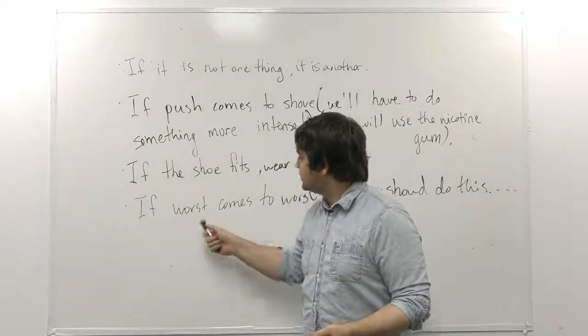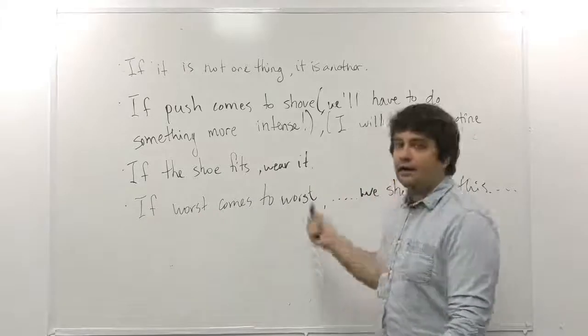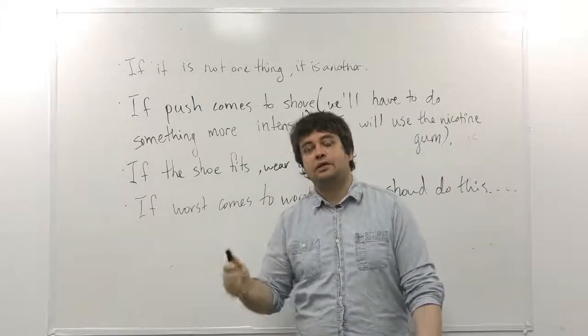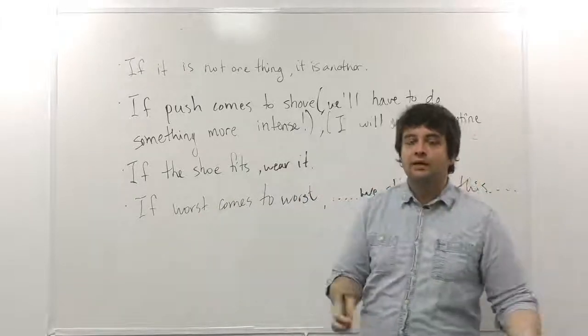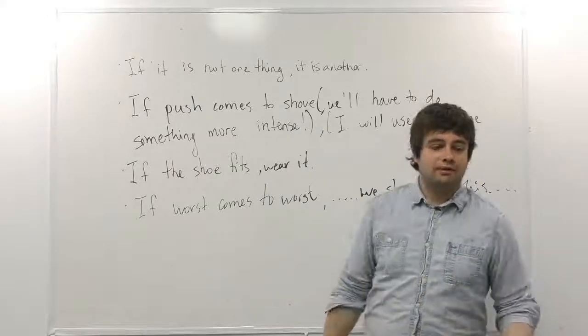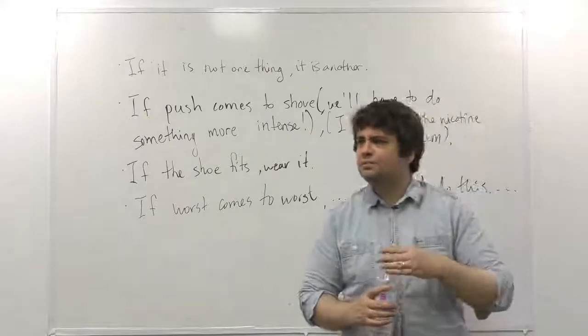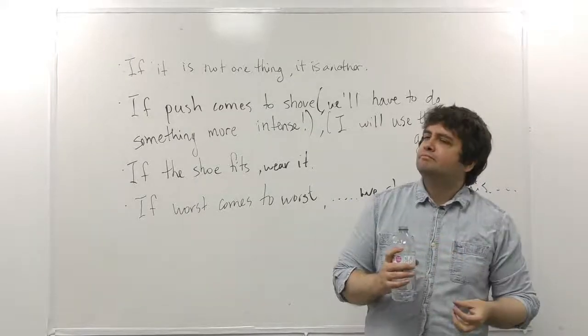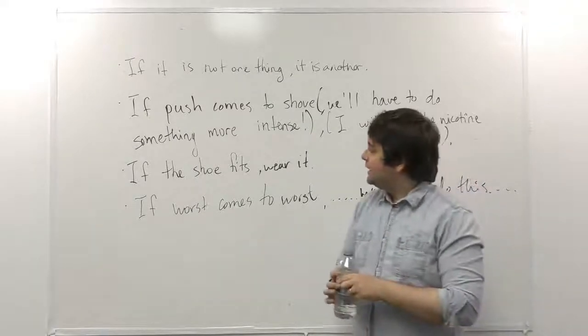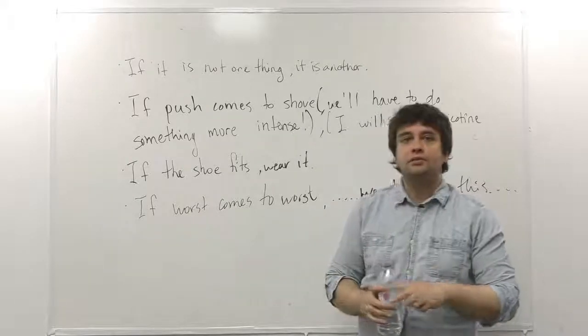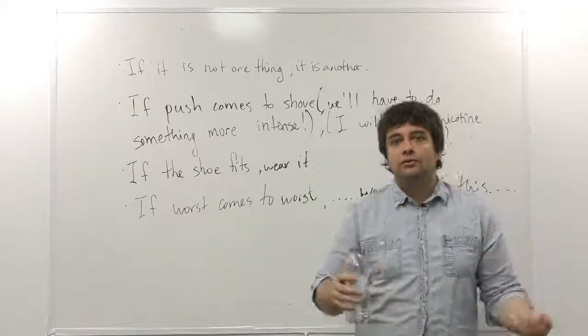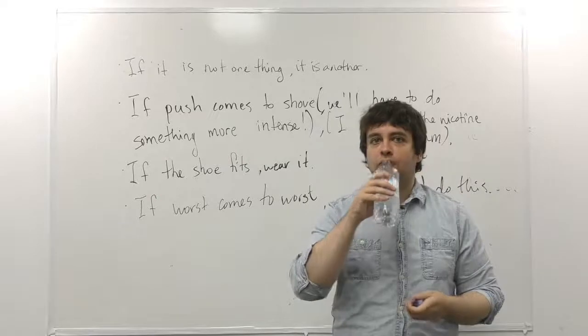He said, if worst comes to worst, I will have to work at McDonald's, right? If the situation gets really, really bad, he thinks he can work at McDonald's. And that's really sad because he's a pretty smart guy. Yeah, but anyhow. So again, guys, if worst comes to worst, it's used to talk about what you might do in a really terrible situation.